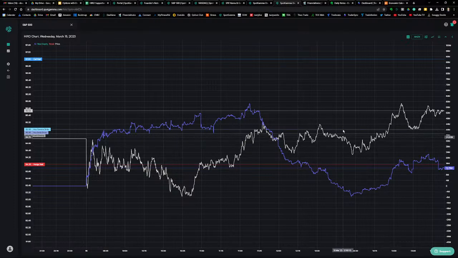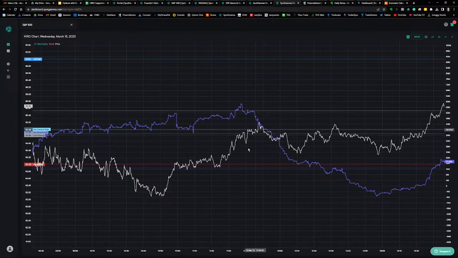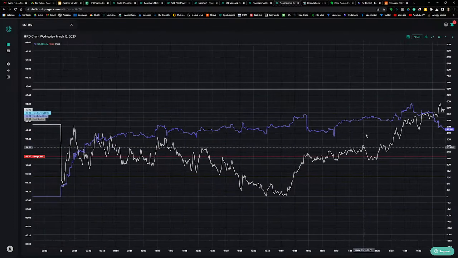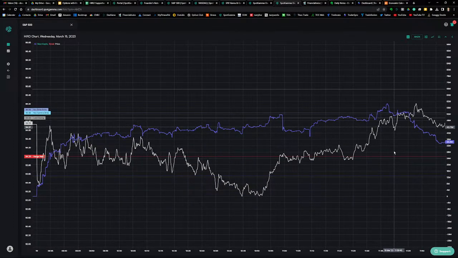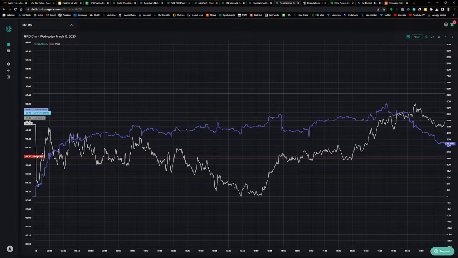And what I was looking at, let's just focus on the morning session here. This is usually when I trade. Looking at this definite bullish divergence.